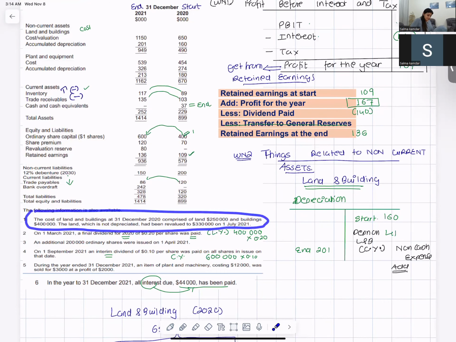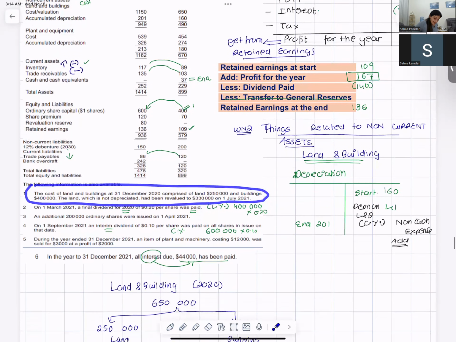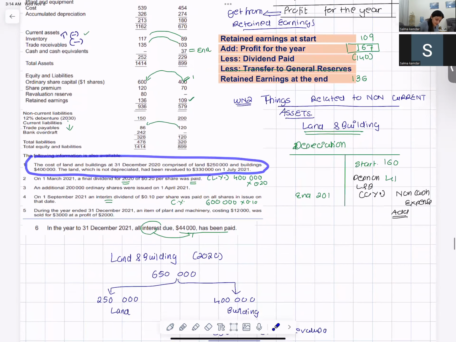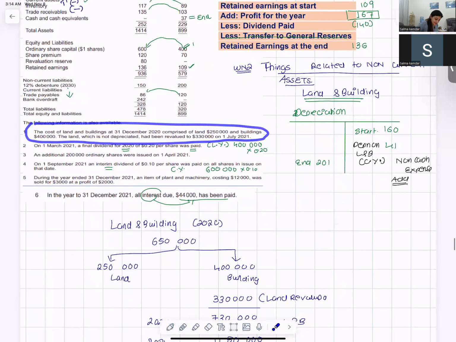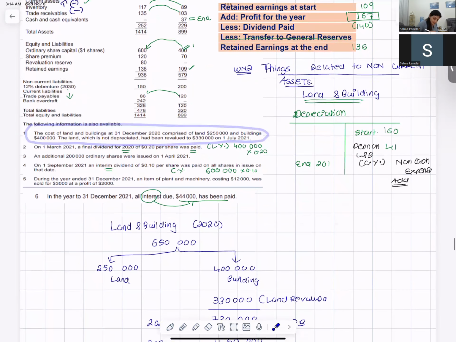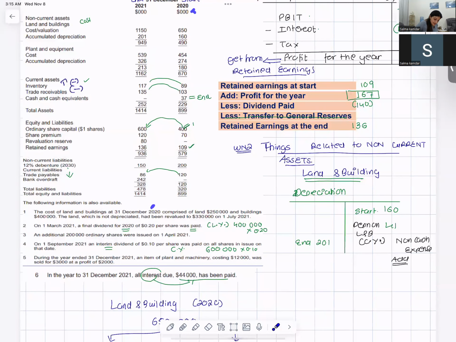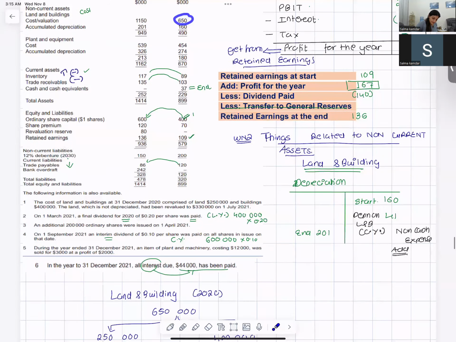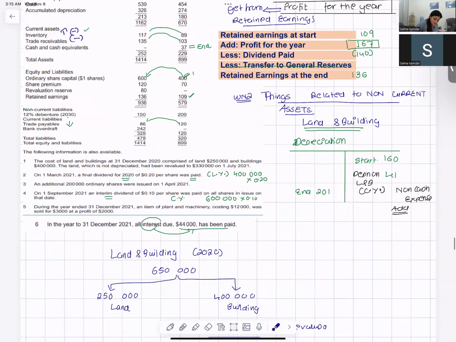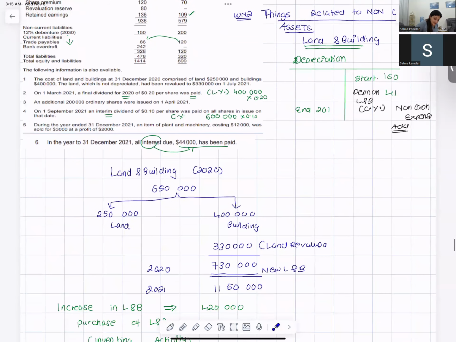So let's see. Your land and building on 31st December 2020, that means at the beginning of the year, what is it? It is 650,000. It comprised of land, which was 250,000, and building that was 400,000.